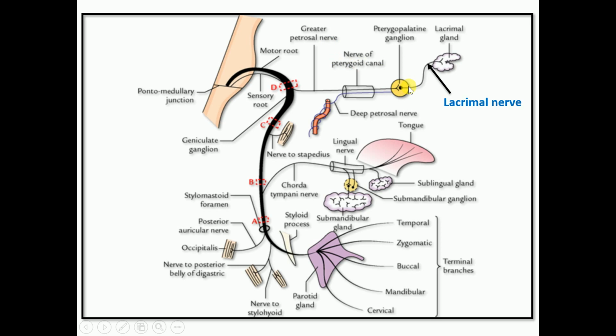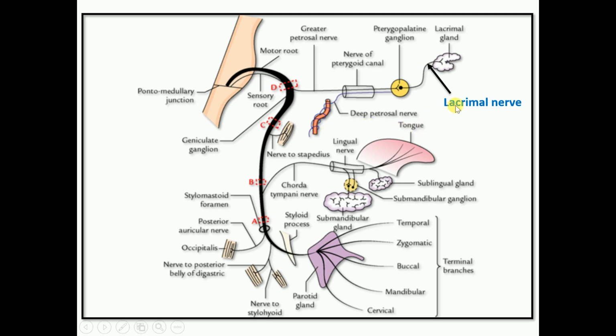The zygomatic nerve is nothing but a branch of the maxillary nerve. So again this fiber enters the maxillary nerve, and via the zygomatic nerve, a branch of the maxillary nerve, these postganglionic fibers pass upward, and it gives the zygomaticotemporal nerve. Later on, in the course of the zygomaticotemporal nerve, it communicates with the lacrimal nerve.